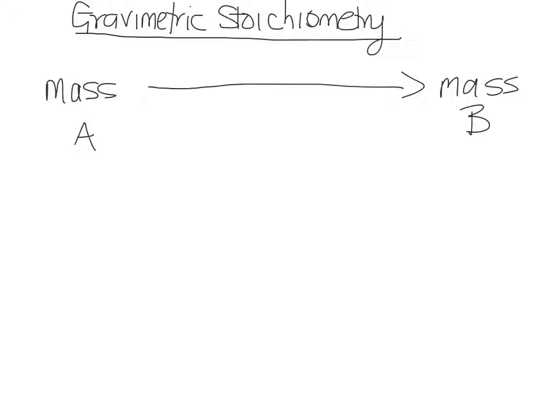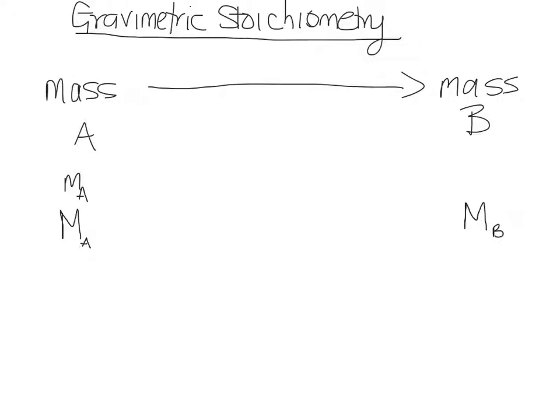So you would have to be given information about A. You would have to know the mass. This would have to be given to you in the question. Because you know what your substance is, you can calculate the molar mass of substance A. Because we know what substances we want to know information for, we must know the molar mass of B also.